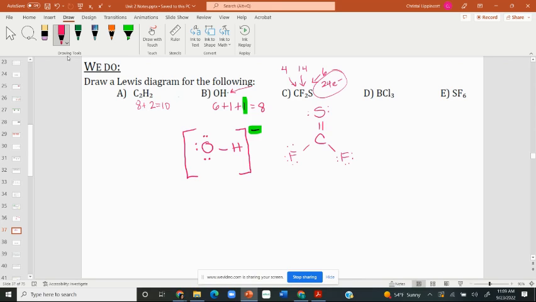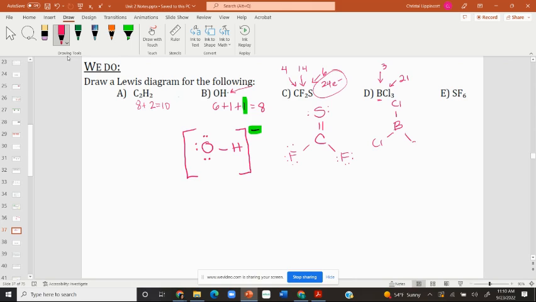Okay. All right, what's special about this one? Boron. So how many electrons is it bringing to the party? 3, and 21 is 24. So I've got boron here. Remember, it is one of those special reduced octet elements.